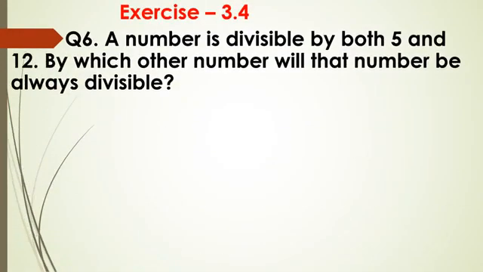Now see, here I have done 2 questions of exercise 3.4 which are a little bit different. I will not give these questions in the homework. Understand them here only and just copy them in your notebook. Question number 6. A number is divisible by 5 and 12.